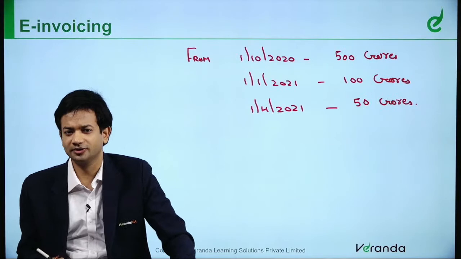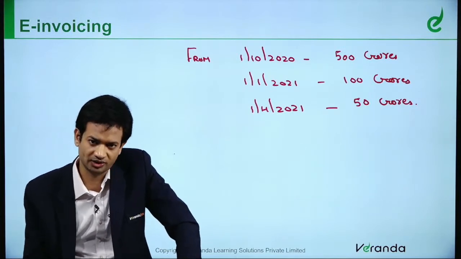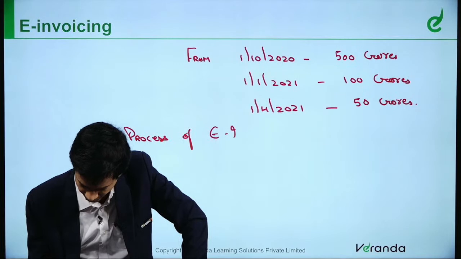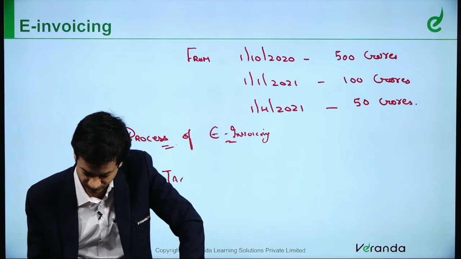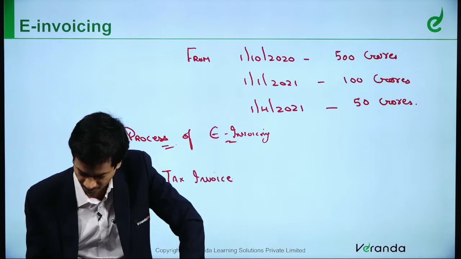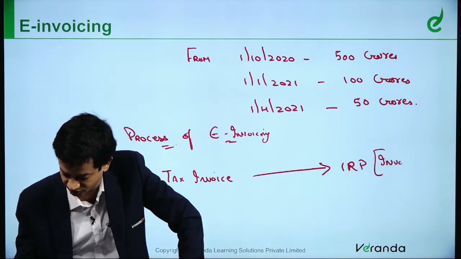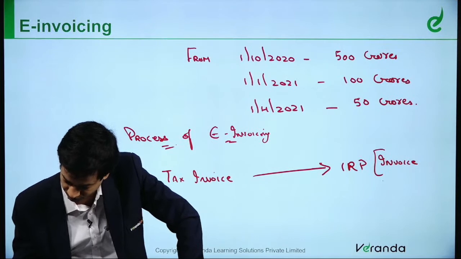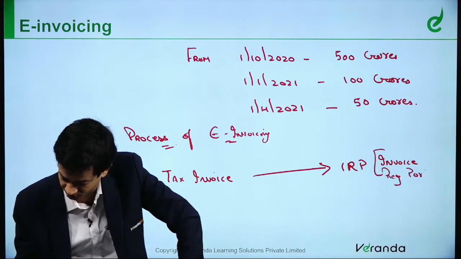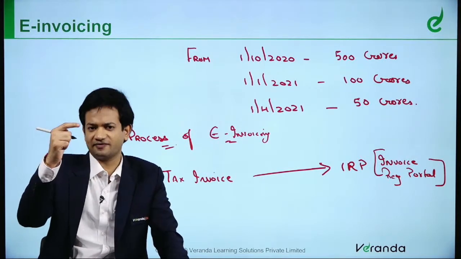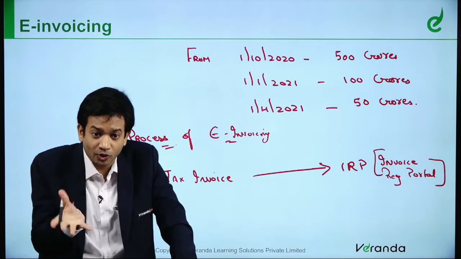You upload the tax invoice on the IRP, the invoice registration portal. They have given the link, e-invoice1.gst.gov.in. Likewise, they have given various links where you can upload your tax invoice.